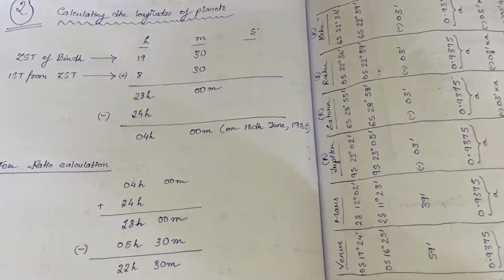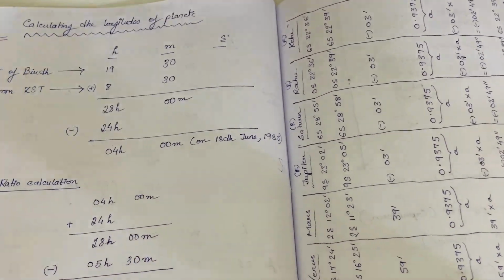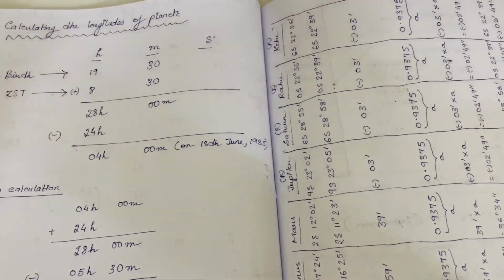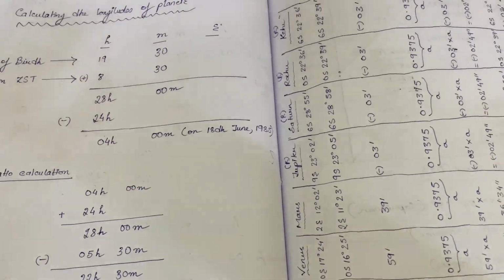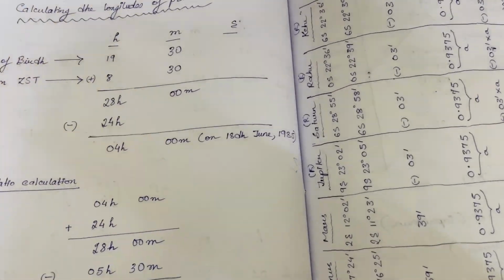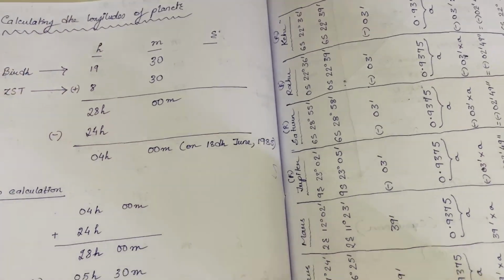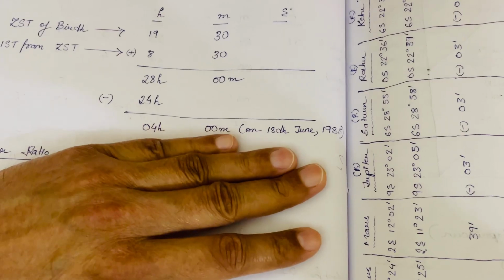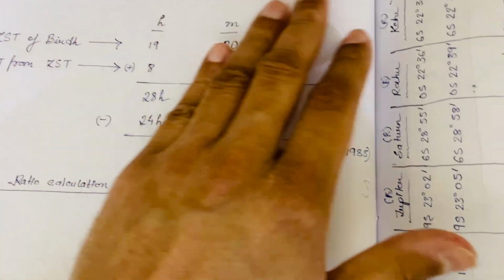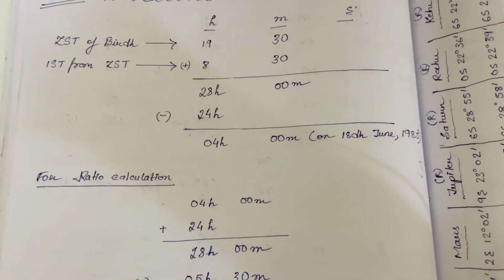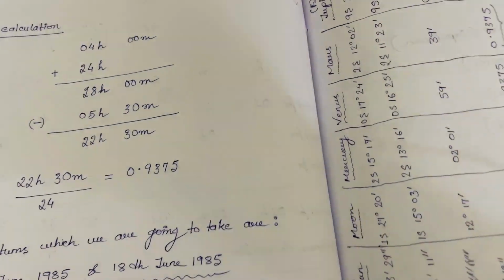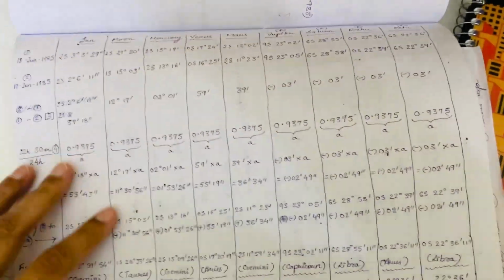If I bring the Indian Standard Time into the picture, the person was born on 18th of June 1985 at 4 o'clock in the morning. This is what we have successfully calculated from this step. Now we need to find our ratio calculation, because I have solved this using the ratio method. This is my working.